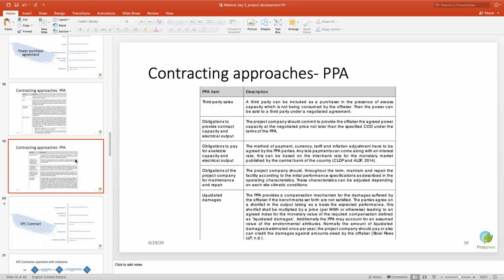Coming to the PPA approaches, we were discussing third party sale, where the third party's balance sheet becomes important. There are take and pay clauses: if you are able to generate and somebody is not able to consume, they still have to pay. There is one more concern nowadays: you should be aware of the curtailment clause.